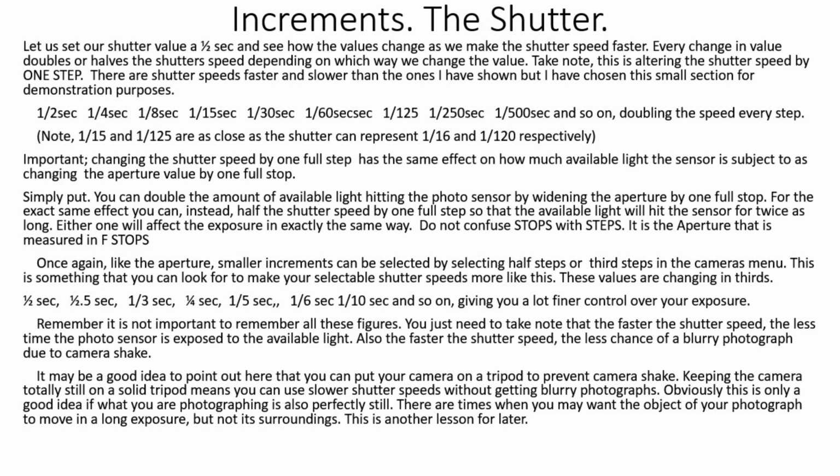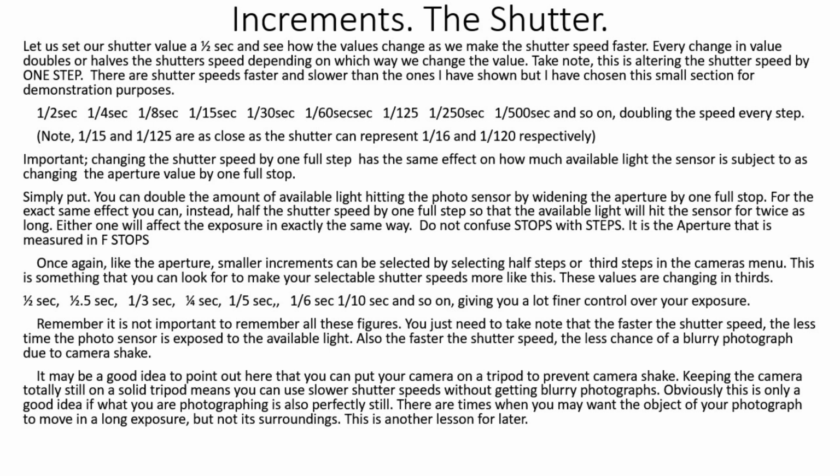Increments. The shutter. Let us set our shutter value at half a second and see how the values change as we make the shutter speed faster. Every change in value doubles or halves the shutter speed depending on which way we change the value. Take note, this is altering the shutter speed by one step.